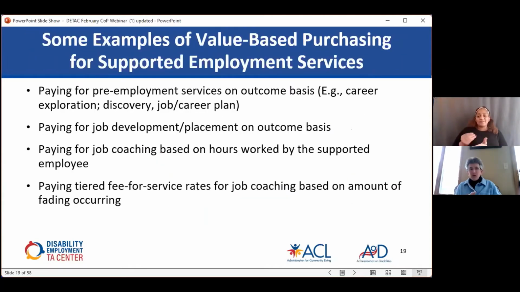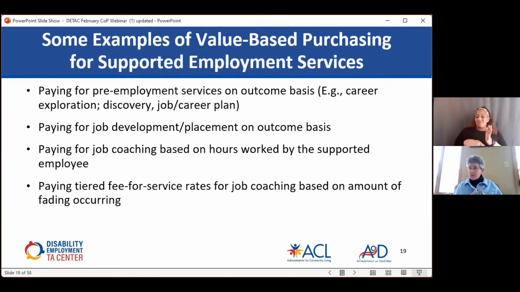Some examples of value-based purchasing that I wanted to share with you before you hear from the presenters from Michigan and Wisconsin. There's a lot of things that have started to develop around competitive integrated employment. Paying for pre-employment services like career exploration, discovery, a job or career plan, paying for those on an outcome basis rather than fee for service.